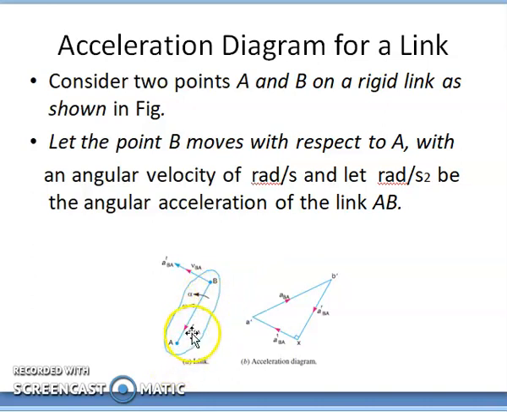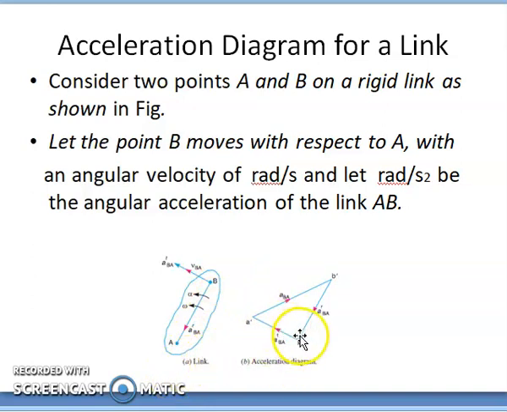So see here, the point B is moving with respect to A. A will act as the center, therefore the radial component of acceleration of B with respect to A will be directed towards A, and the tangential component of the acceleration will be perpendicular to the link. So here you can see acceleration of B with respect to A has two components.